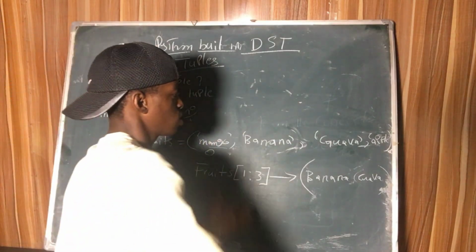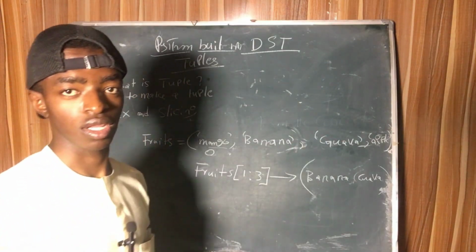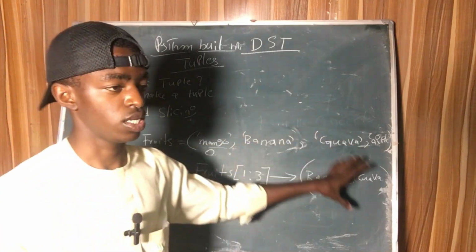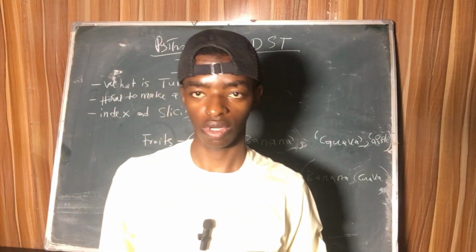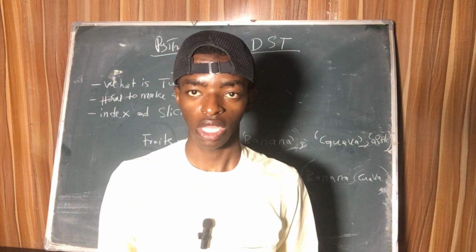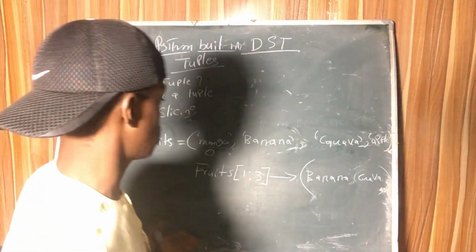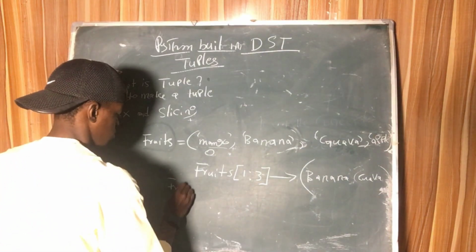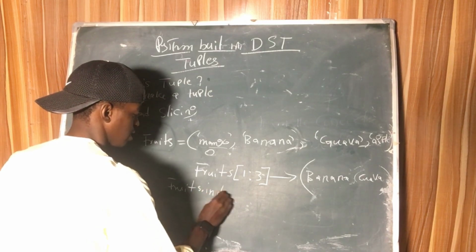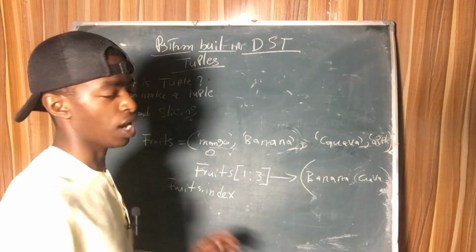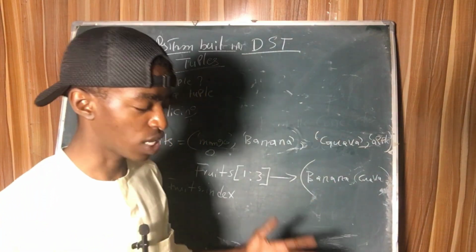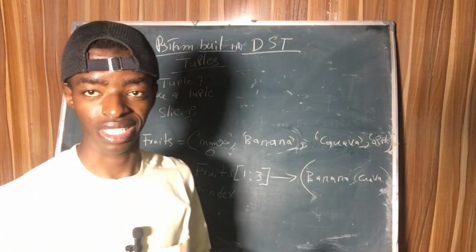I just cut some of my elements inside a tuple. If you really understand what I did here, you really understand what a tuple is. What remains for you now is to know some methods that you can use with tuple. For example, I can say fruit dot index. Maybe I know that I have apple inside my tuple, but I don't know what the index of that apple is.